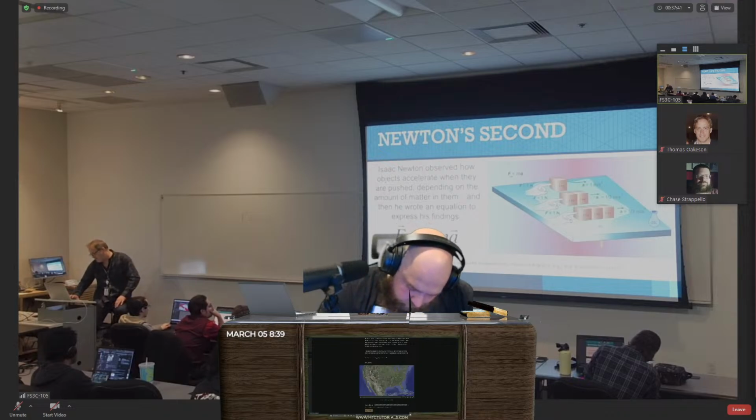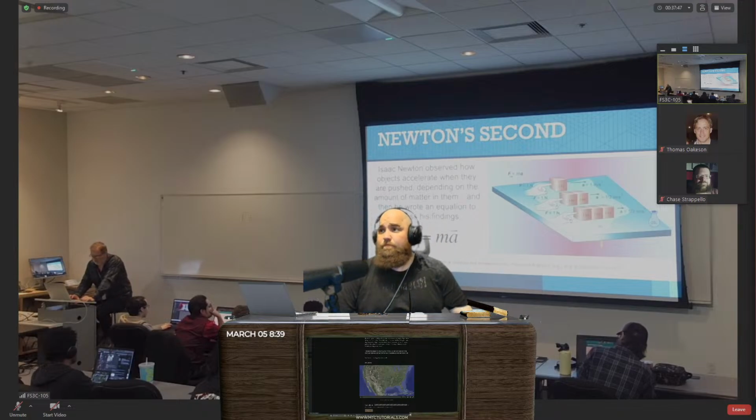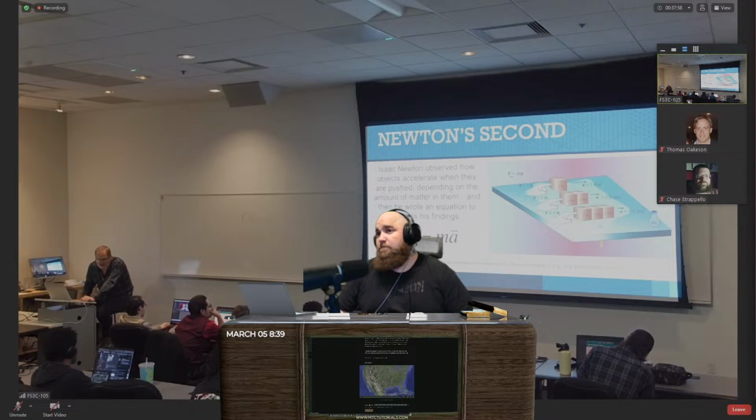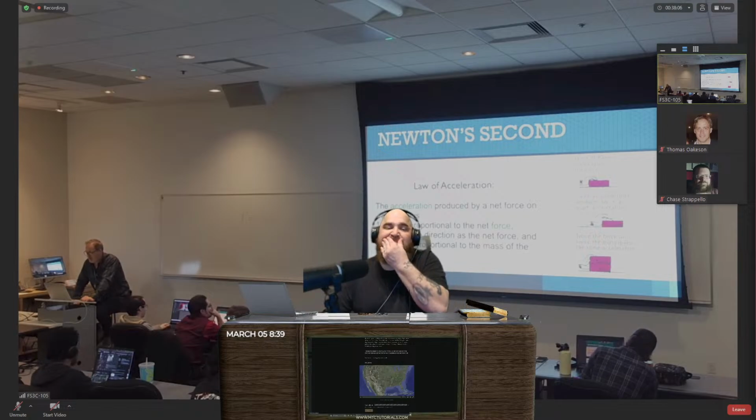And likewise, if you apply that force to 3 times the mass, you get one third as much acceleration. So the same force with different masses agrees with force equals mass times acceleration, or F equals ma in that form.